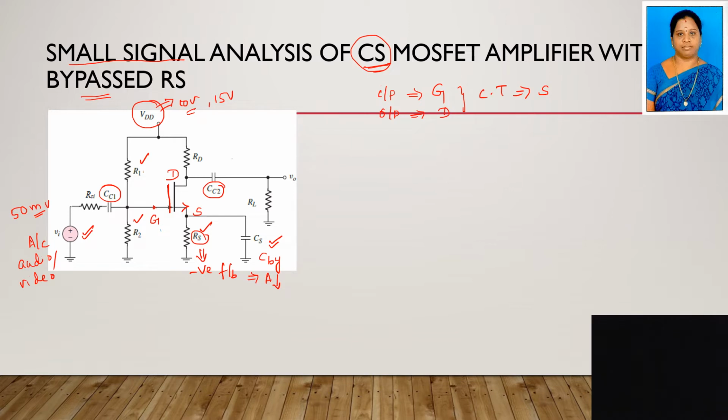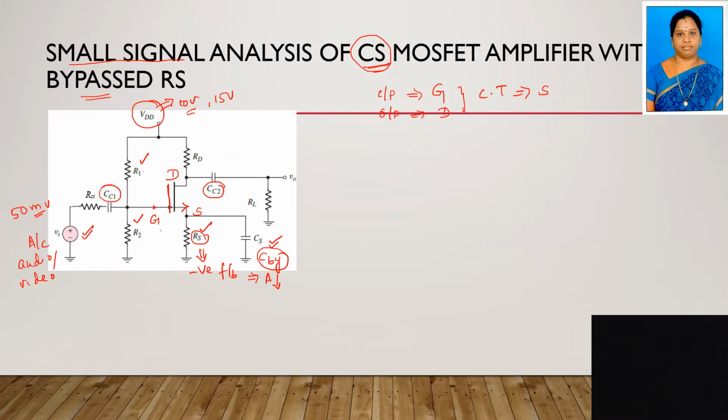So what we have to do is connect this coupling capacitor across this RS in order to compensate the reduction of gain due to RS. So the capacitor is used to compensate the reduction of gain due to RS.